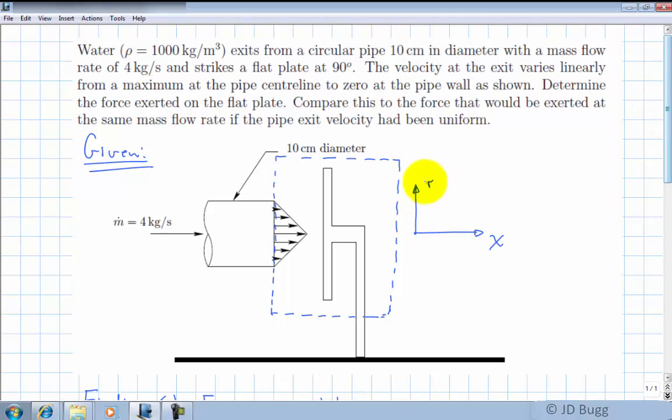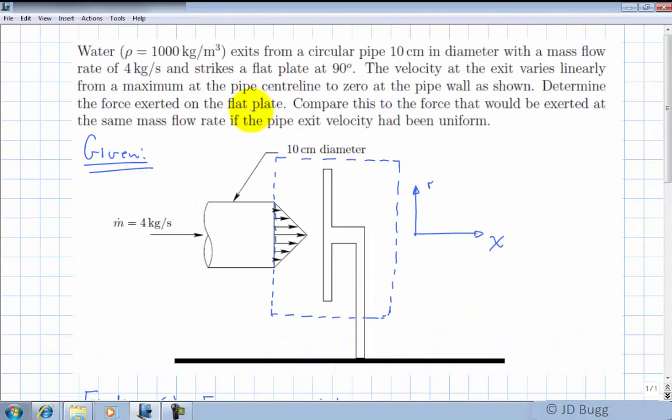So we've got a coordinate system and a control volume chosen. So what we're going to do here is neglect the body force. And there's a couple of reasons for that. First of all, we don't have enough information to calculate what the body force is. But secondly, it really doesn't affect this answer that we're looking for. We're trying to find the force exerted on the flat plate. Okay? So the force that this fluid exerts on the plate.